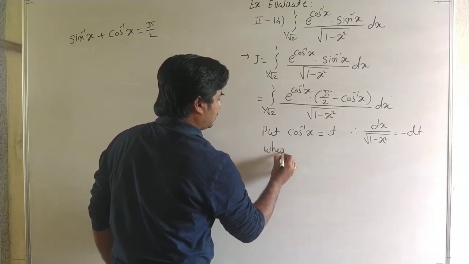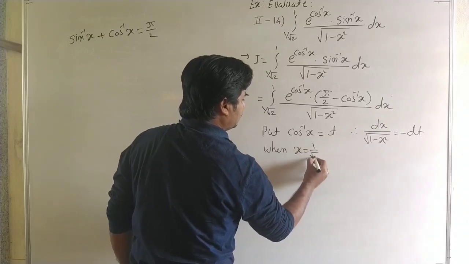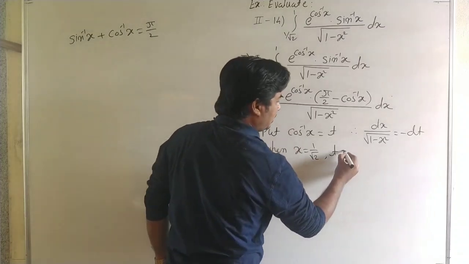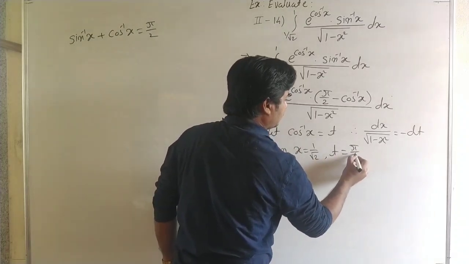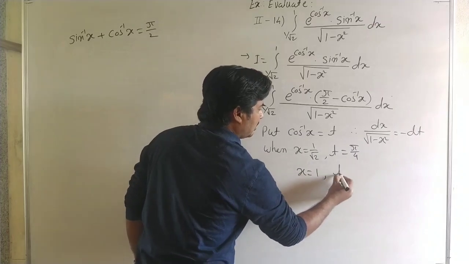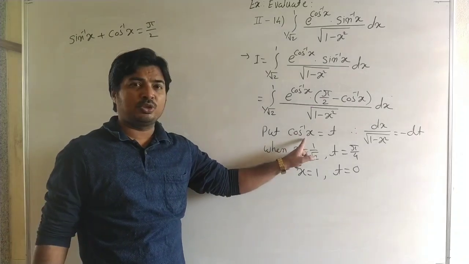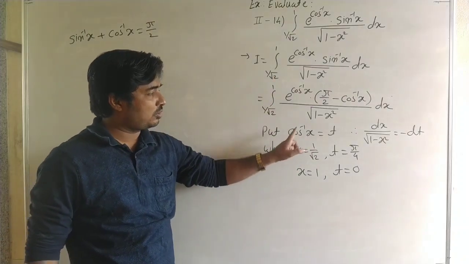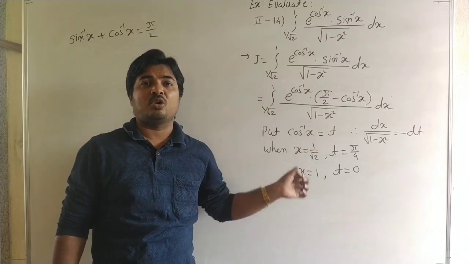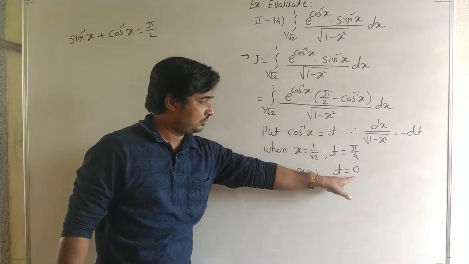When x is equal to 1 by root 2, t is equal to cos inverse of 1 by root 2, therefore t is equal to pi by 4. And when x is equal to 1, t is equal to 0, because cos inverse of 1 is 0: the value of cos 0 is 1.